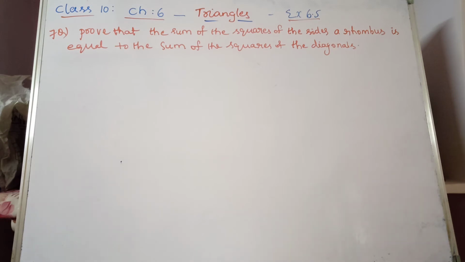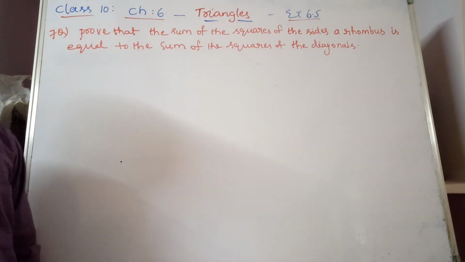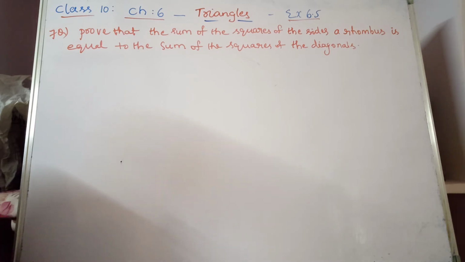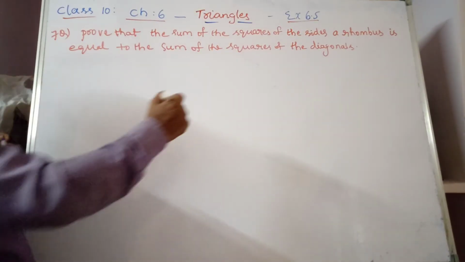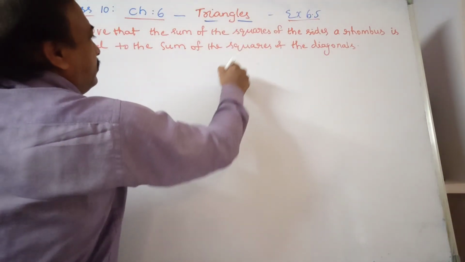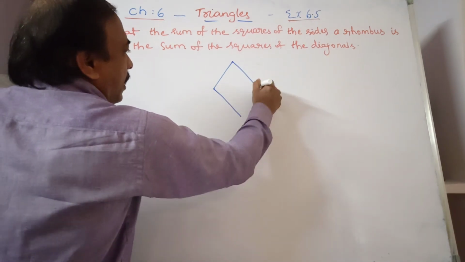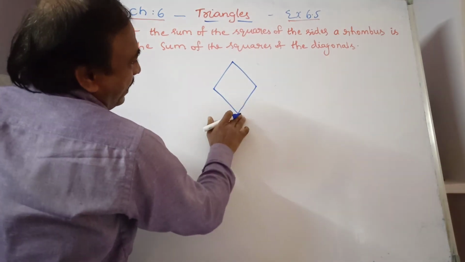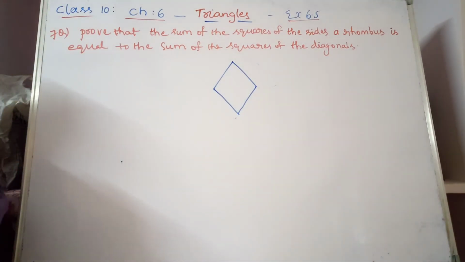So let us see question number 7. Prove that the sum of the squares of the sides of a rhombus is equal to the sum of the squares of the diagonals. So rhombus is given. Observe it. In a rhombus, all sides are equal. That we know, right?